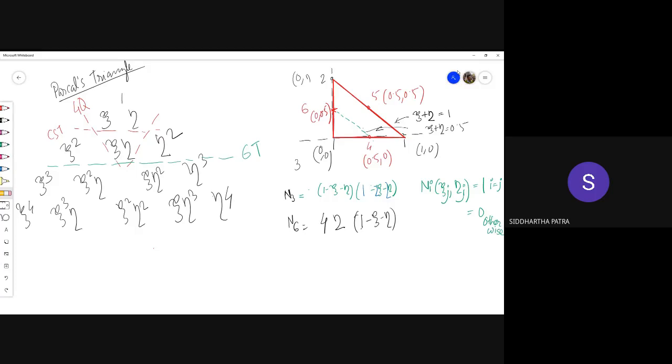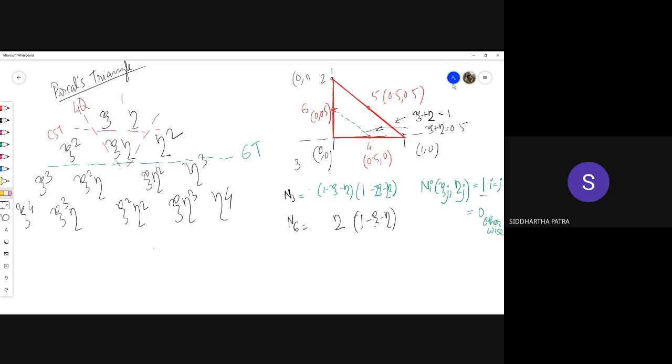Now that way N6 would be 0 on both of these lines, but it would be non-zero at node 6 itself. At node 6, I'll not automatically get a value of 1, but I need to get a value of 1. Whatever value I get, let's say 0.25. If I do not put this 4, I'll get 0.5 because eta is 0.5 and xi is 0.